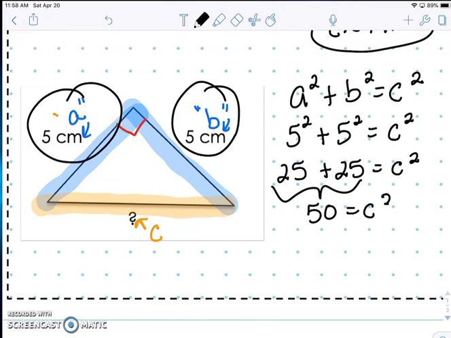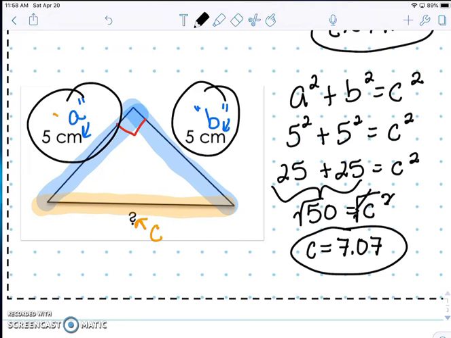And remember, in order to undo the square of something, I'm going to do the square root. That cancels out. So c is equal to 7.07. Or you could round that to 7.1. And I just found the hypotenuse.